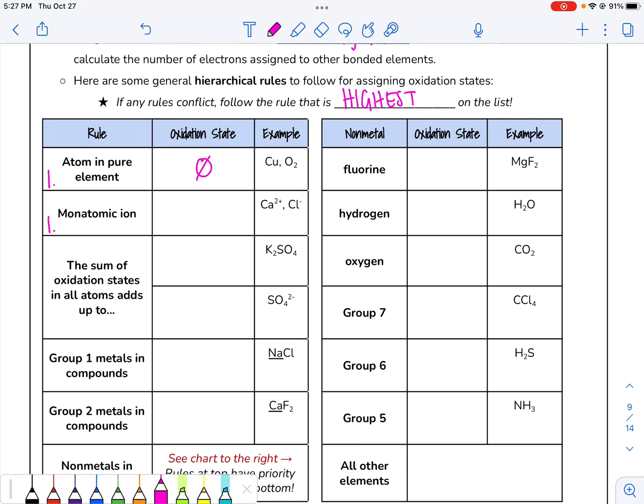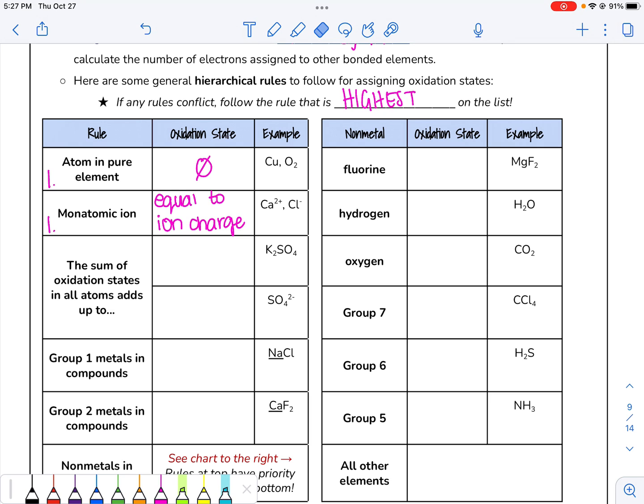Mon meaning singular, an example would be something like calcium or chlorine. If you have a monatomic ion, your oxidation state is equal to the ion charge. So the oxidation state for the calcium ion here is +2. The oxidation state for the chloride ion is 1-.